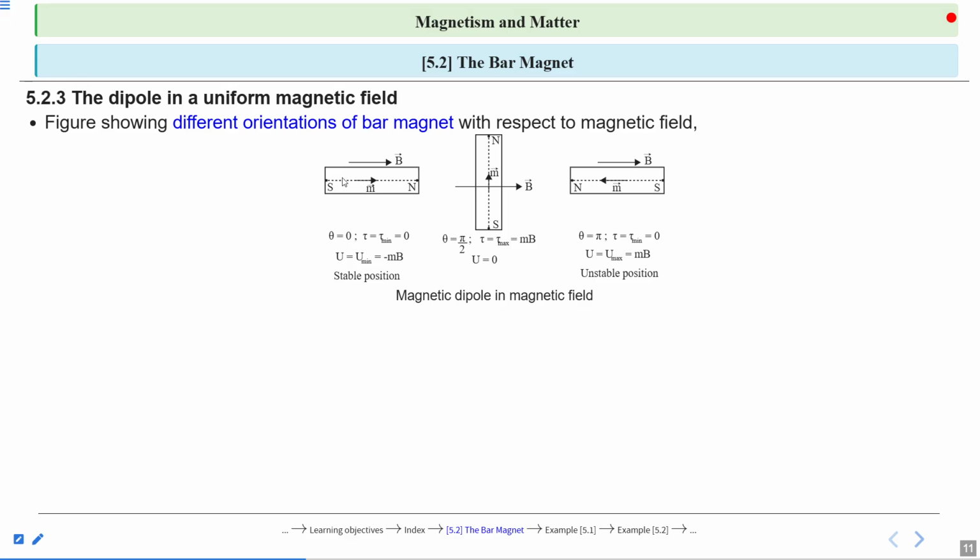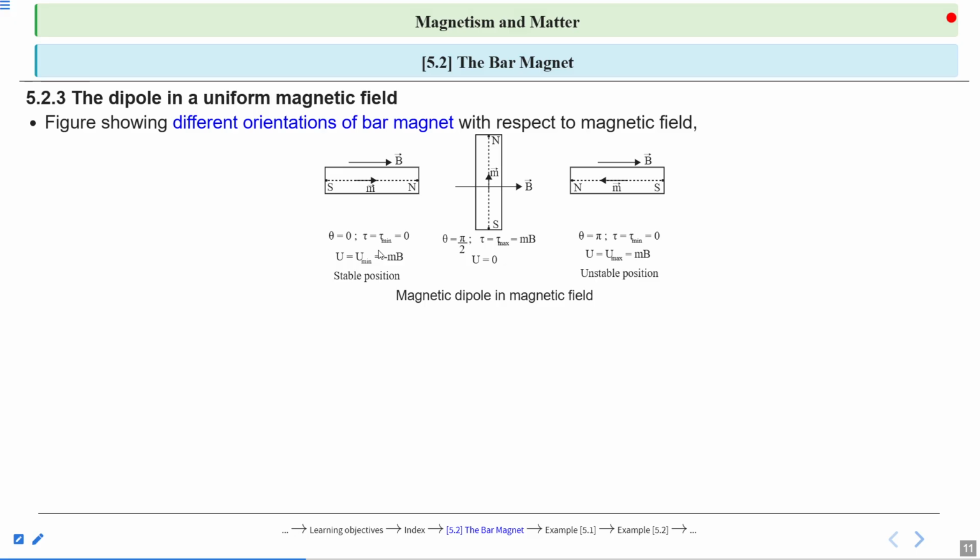When this magnetic bar is placed in such a way that the magnetic moment is in the direction of the magnetic field, that is, the magnetic moment is from south to north, it means the magnetic moment is parallel to this magnetic field. Then theta will be 0 because it is parallel. When theta is 0, tau will be mB sin theta. Sin 0 will be 0, so torque will be 0 also, and it is the condition of minimum torque.